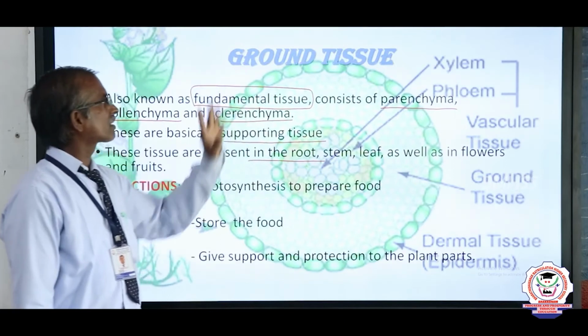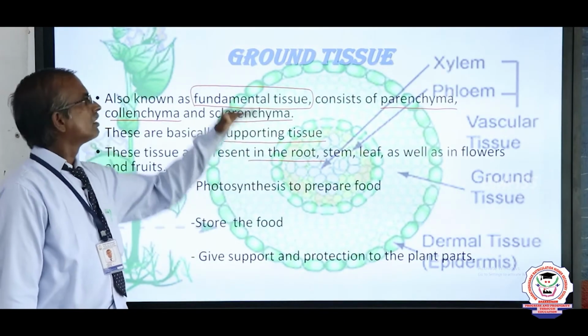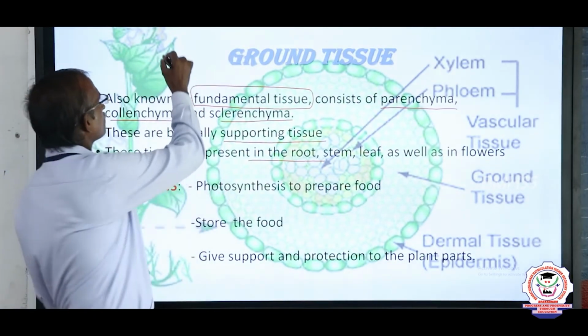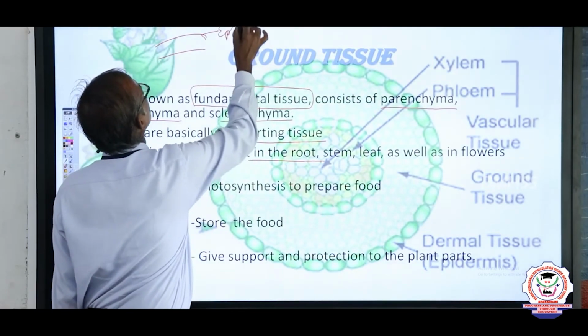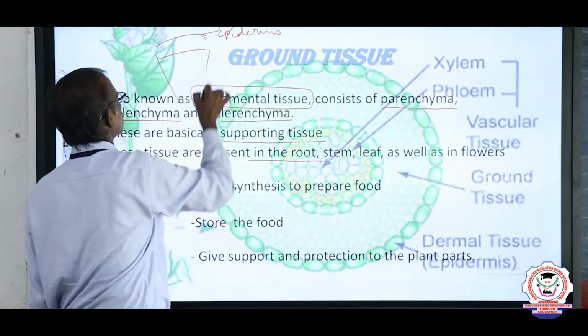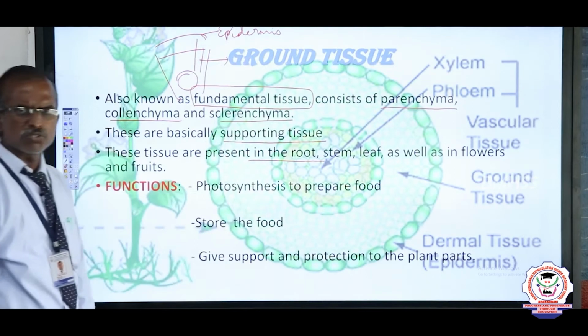This is the main function of ground tissue. Basic tissue, supporting tissue, is found below the outer layer, the epidermis. It is found below the epidermis up to the vascular bundle. This region we call ground tissue.